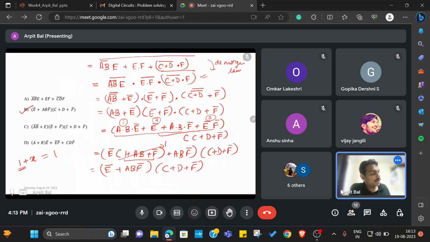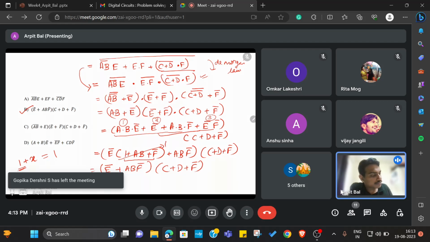Then we try to simplify this complete equation. For simplification purposes we have used De Morgan's law multiple times. First time we used De Morgan's law, we arrived at this equation.